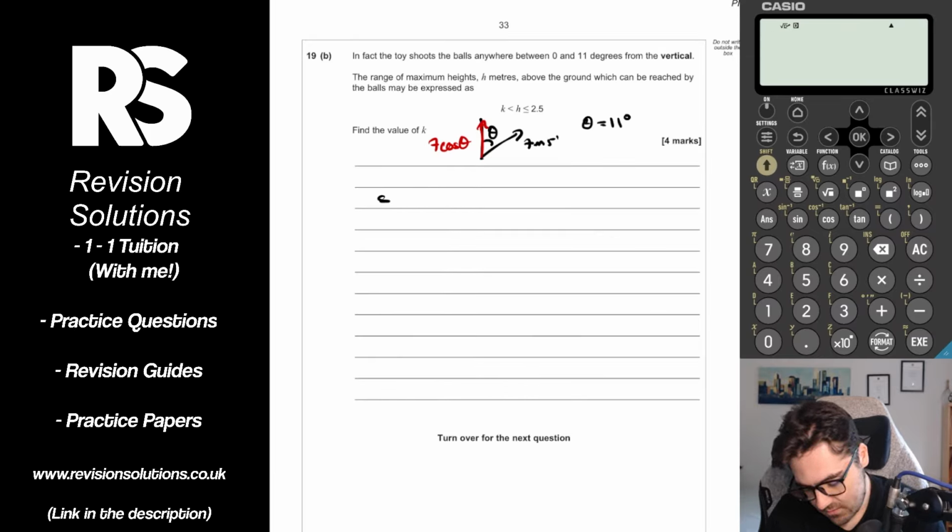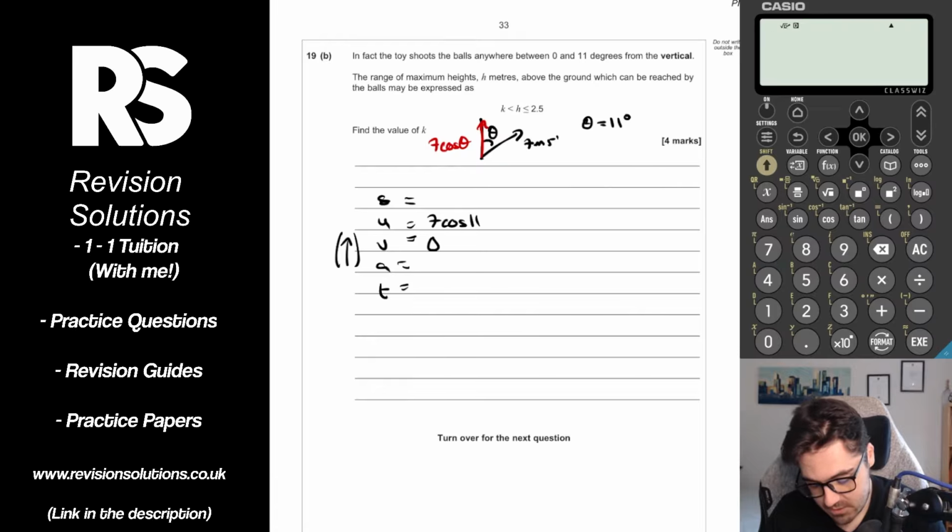If we do our SUVAT, S is what I would like. Now the vertical velocity, we're just splitting the motion up into the vertical and horizontal. The vertical component is 7 cos 11. The final velocity is still 0, if we're thinking about the maximum height still. And the acceleration is minus 9.8 down to the ground, and t we don't know. So if we want s, an equation without t, that's still v squared equals u squared plus 2as.